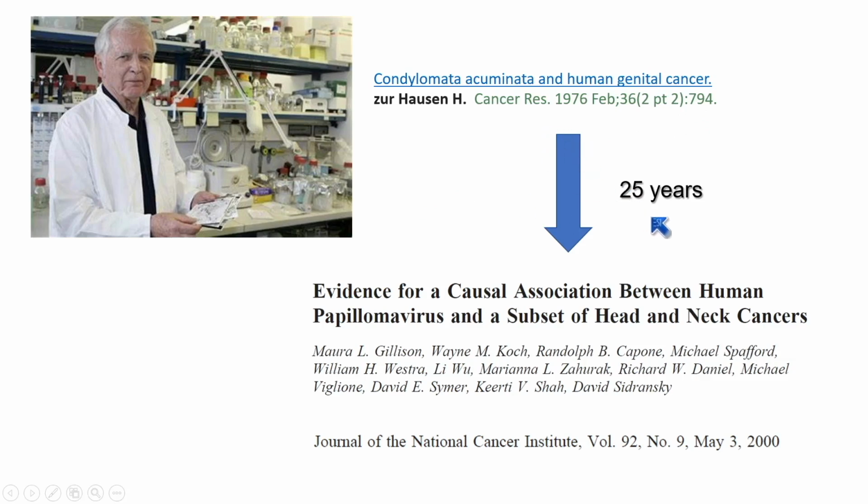Fast forward 25 years, and Maura Gillison and her group were describing evidence for a causal association between HPV and a subset of head and neck cancers. Dr. zur Hausen went on to describe that it was in fact HPV 16 and 18, and won the Nobel Prize in 2008 for his work.